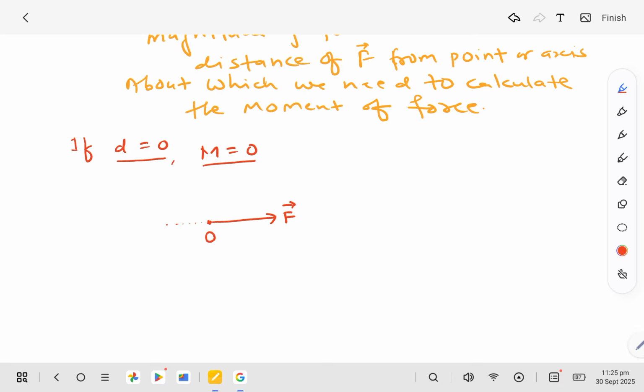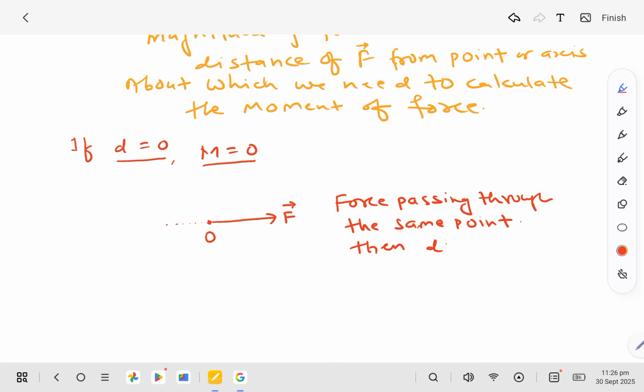Okay, if you want to measure the moment, the force passing through the point, then d equal to 0. So the moment about the point of this force will be 0.